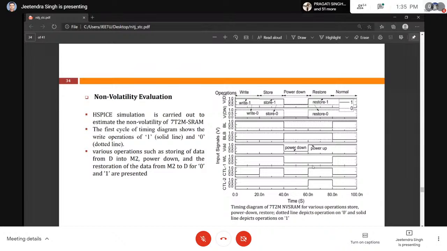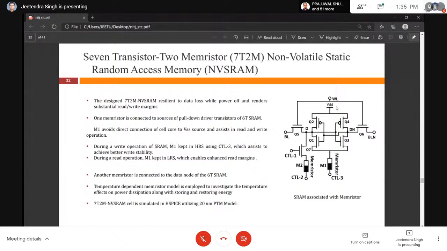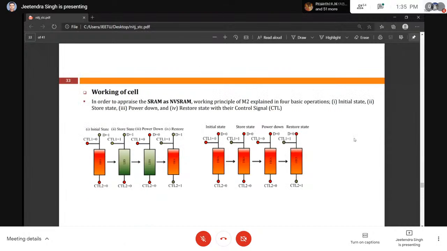If WL is 0, there is no connection between the bit line and this node, and the bit line bar and this node. So this data node cannot be written from the bit line side, and this node cannot be written from the bit line bar side.